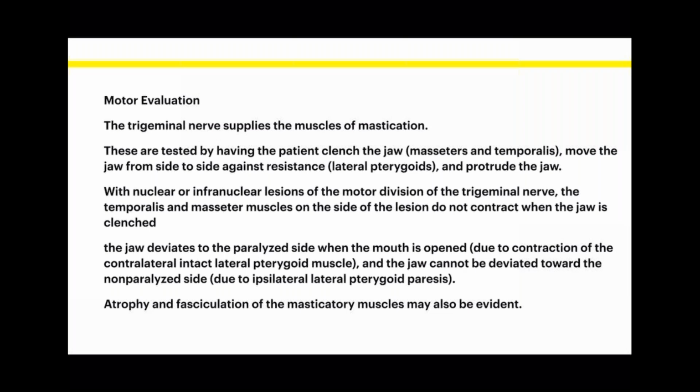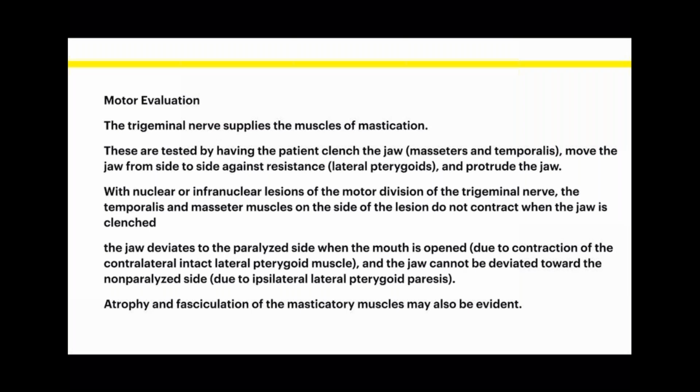and the jaw deviates to the paralyzed side. This is always confusing, which side is the lesion. So it is the paralyzed side, the jaw will move towards it. Why? Because both muscles contract and push against each other to keep the mandible in the middle.